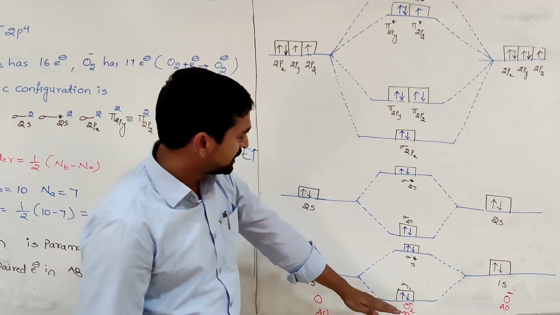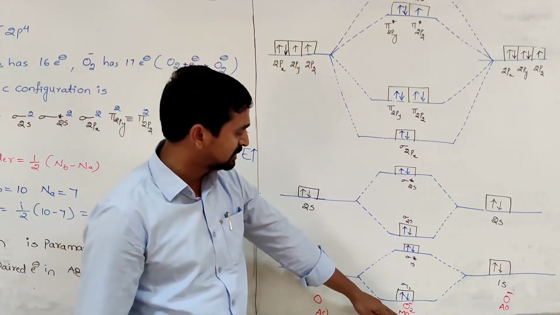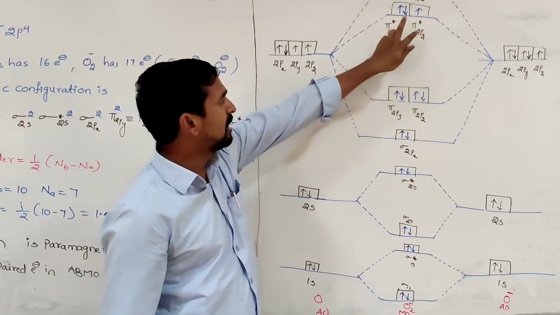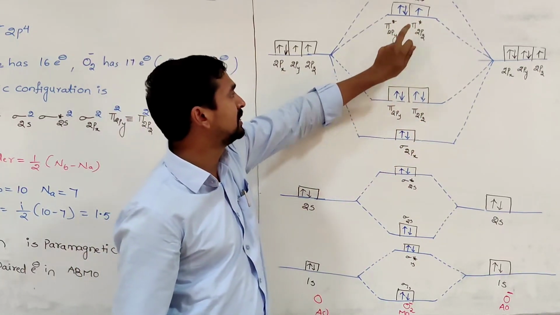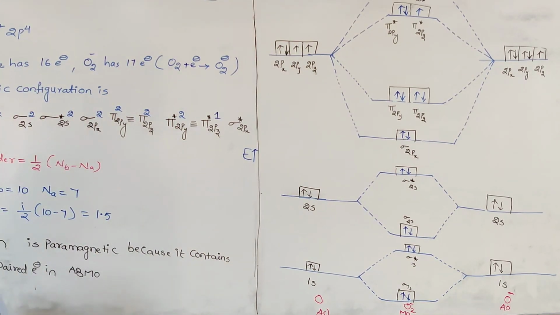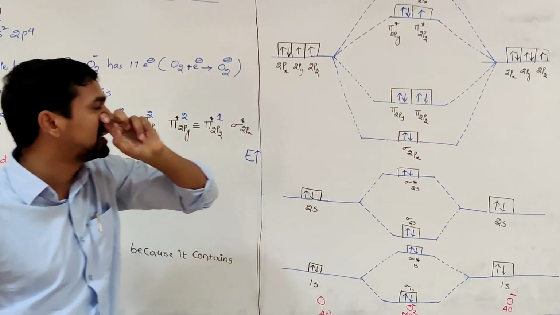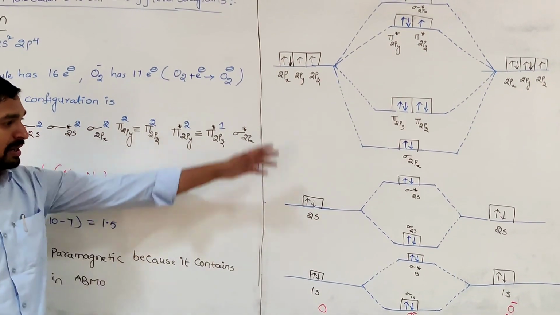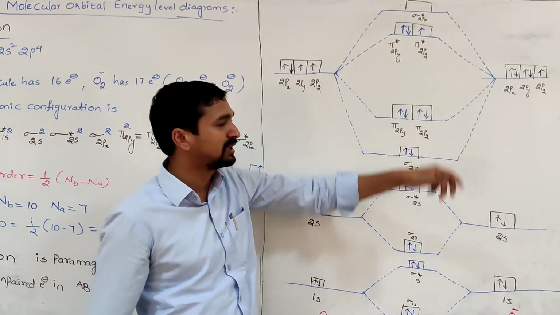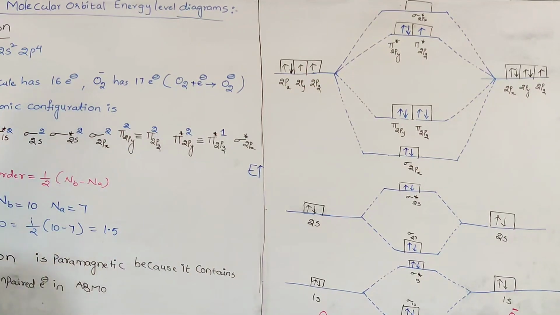In the molecular orbital electronic configuration, first we fill up the two electrons in sigma 1s. Filling the electrons in the increasing order of their energy, the last electron, the 17th electron, enters the pi star 2py, the molecular orbital, with opposite spin. So here one unpaired electron is present in the pi star 2pz orbital, so that's why it is said to be paramagnetic. It is also the same as the O2 molecule, with the only difference that one electron is in excess. O2 is paramagnetic, and O2 minus also is paramagnetic.